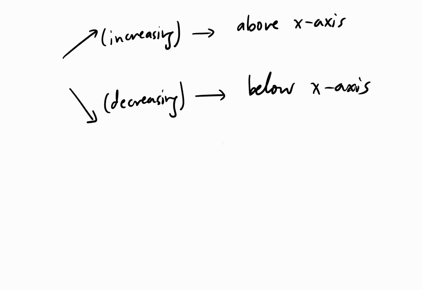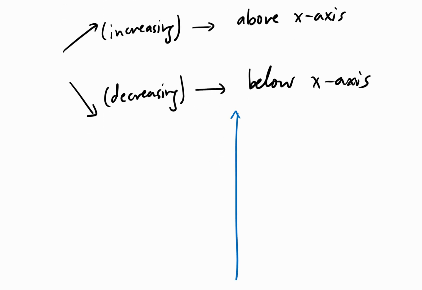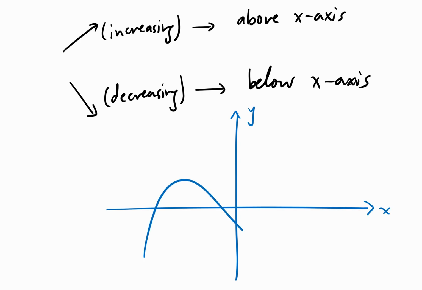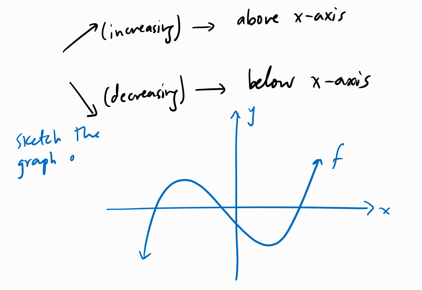Okay, if you guys are done, let's say we have a graph of this function f. We need to sketch the graph of its derivative, without knowing, of course, the equations.